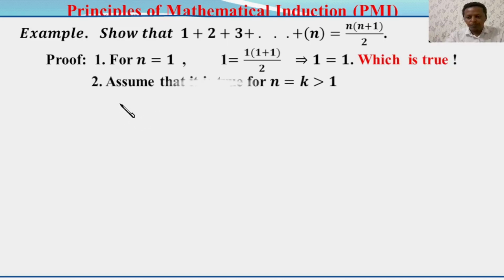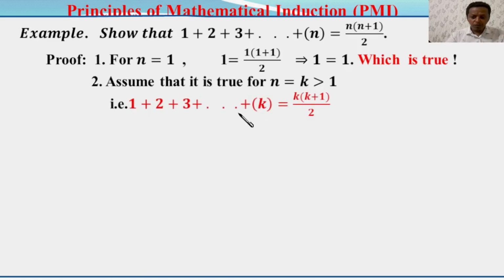Second step, assuming the statement is true for k greater than 1, we are going to prove it is also true for k plus 1. Assume that it is true for n equals k, meaning the sum of the first k natural numbers is equal to k times (k plus 1) over 2. This is our assumption.